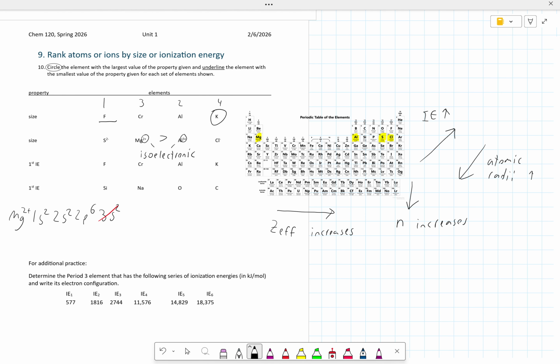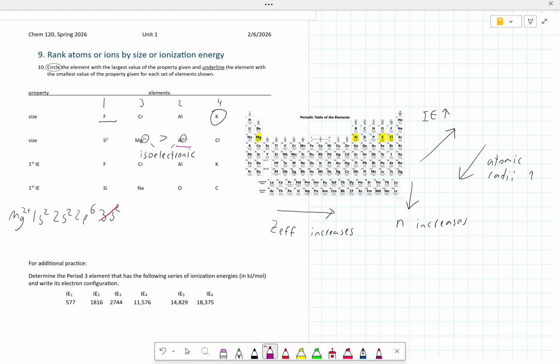And in fact, those electrons are 2p electrons. They're in n equals 2 compared to our sulfur and chlorine electrons. So we can say that of magnesium 2 plus and aluminum 3 plus, those are going to be our smallest. And aluminum being even smaller tells me aluminum 3 plus is the smallest element.